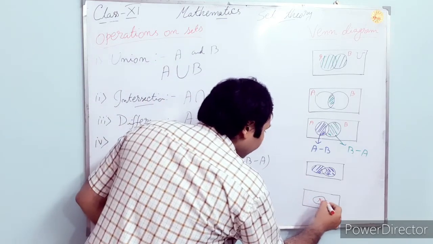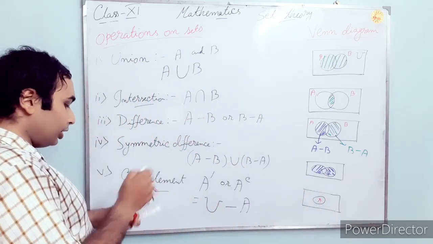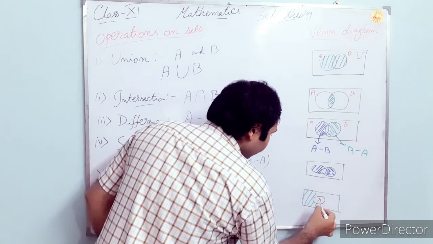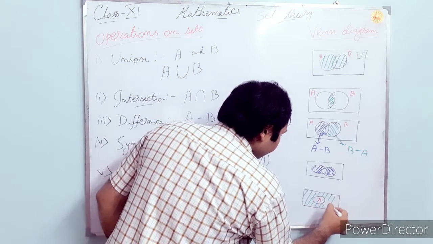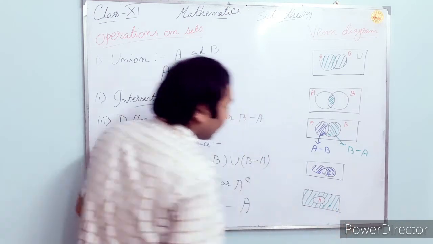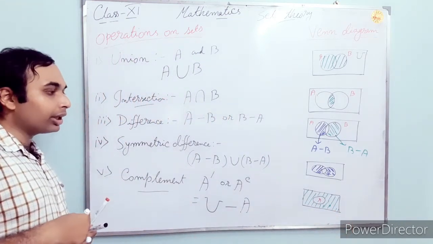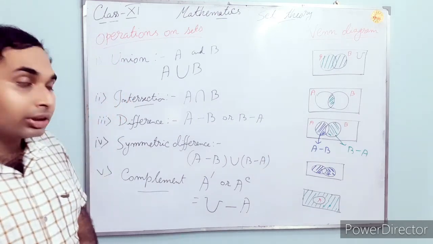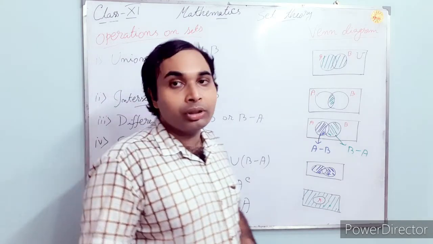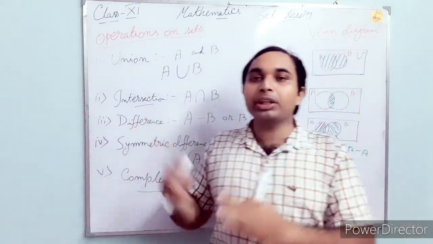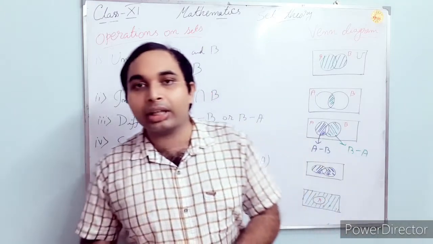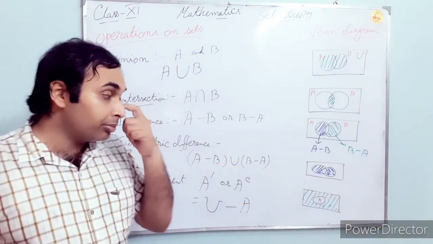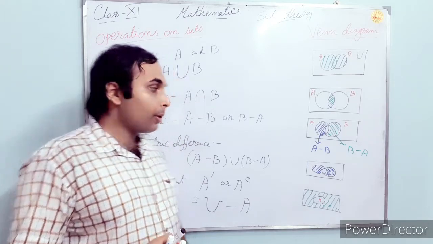If this is the set A, then the complement is this total part. That is, without A, what is there in this set? That is called the complement of A. That means in the example of the galaxies I have told, without the Milky Way galaxy, except the Milky Way galaxy, what is there in the total universe? That is the complement of the Milky Way galaxy.